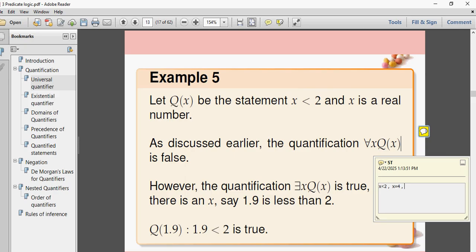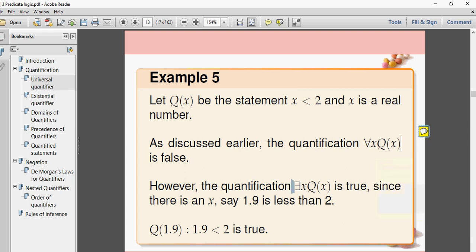So let's say that x equals 1.9. Because it said real number, 1.9 is a real number. So 1.9 is a real number, we can say x smaller than 2, so it's correct.